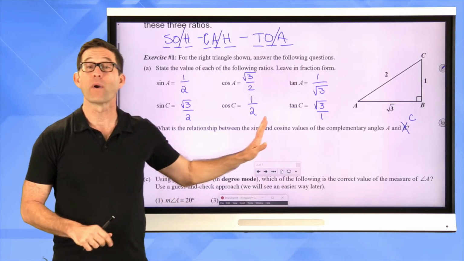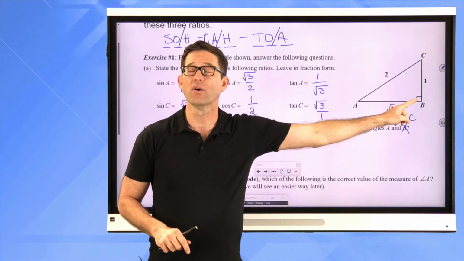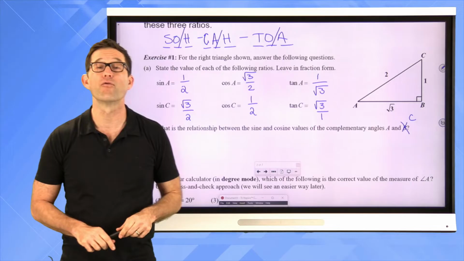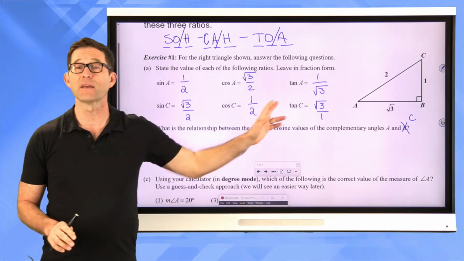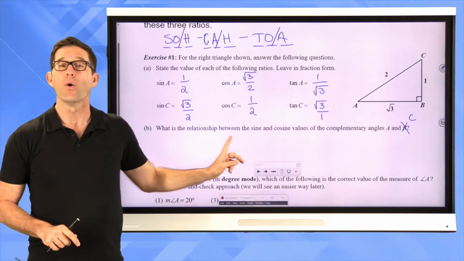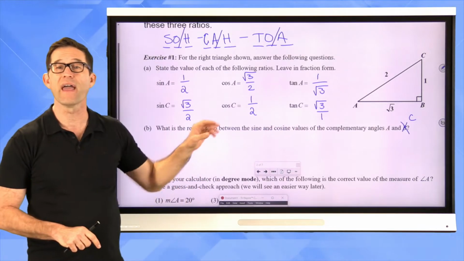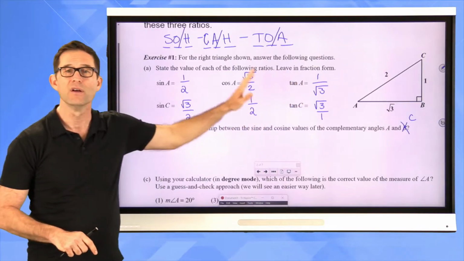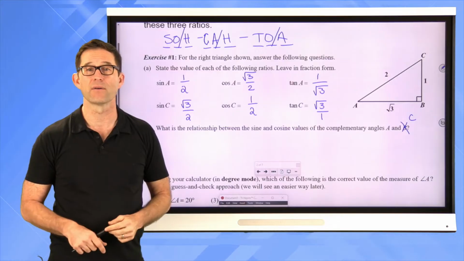In fact, for right now, at least in this course, we're not going to even talk about the sine, the cosine, or the tangent of 90-degree angles or angles larger than 90. We're just sticking with these two acute angles. So what is the relationship between the sine and the cosine of the complementary angles A and C? Don't worry about the tangent. Just look at these. Pause the video now and see if you can write something down.